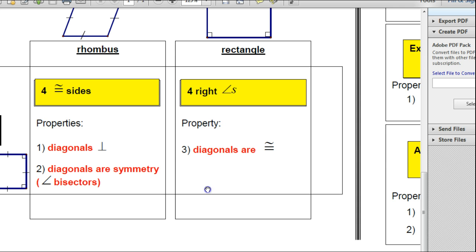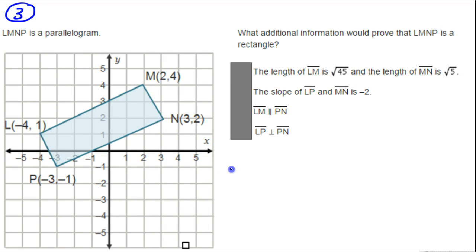Now, it turns out if you already know it's a parallelogram, you don't really need 4 right angles. All you need is 1, or if we knew that the diagonals are congruent. Either one of those. So 1 right angle or congruent diagonals would prove that it was a rectangle.